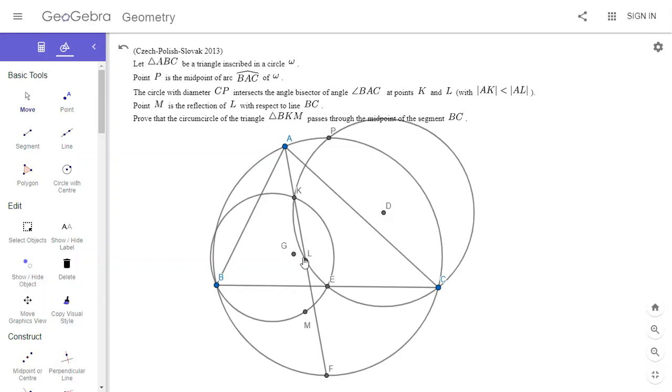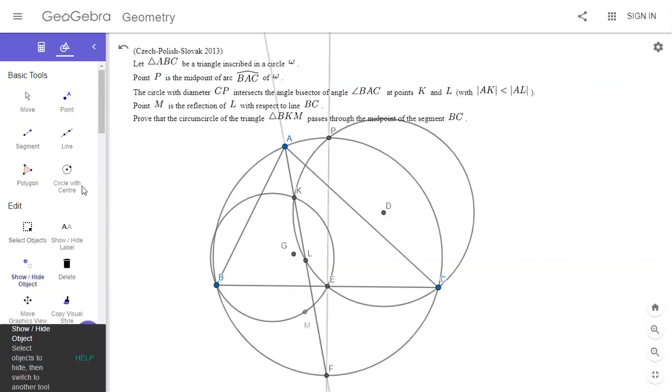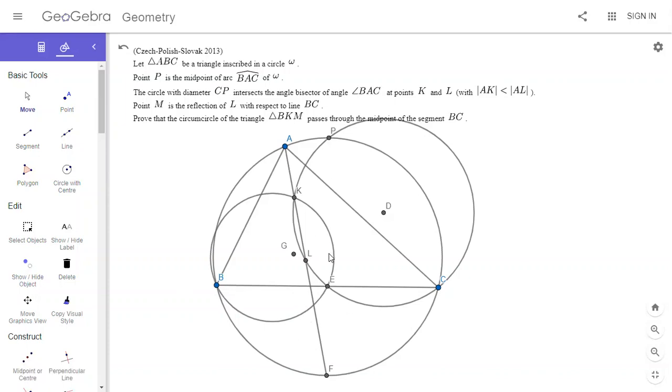We want to show that the reflection of this point also lies on the circumcircle. I mean, that's another way to think about it, right? We want to show the reflection of L lies on the circumcircle of KBE.